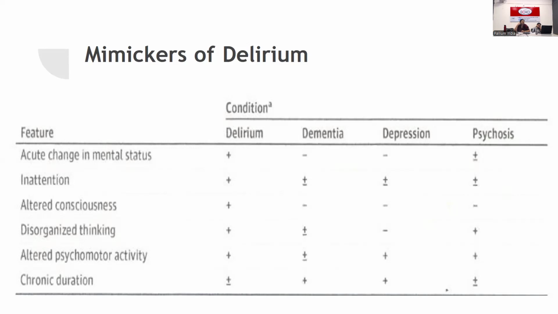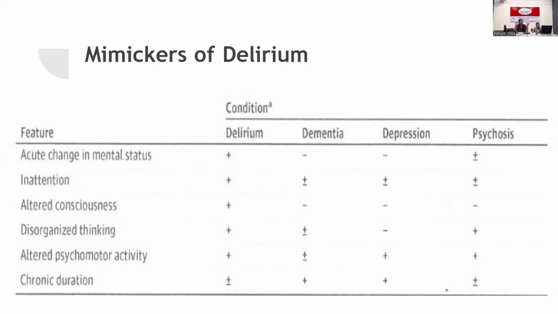Then inattention is common in both. Altered consciousness: most of the time, a patient with delirium will be drowsy. But a patient with dementia will not be drowsy every time. Nothing like excessive drowsiness will be there. In delirium, the sleep-wake cycle will be disturbed, and most of the time they'll be sleeping. All those kinds of problems will be there. So there also you can differentiate.